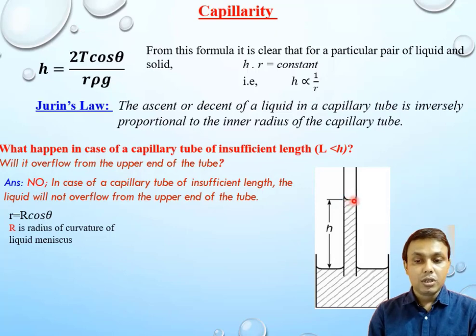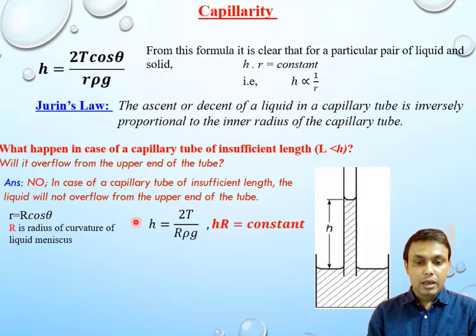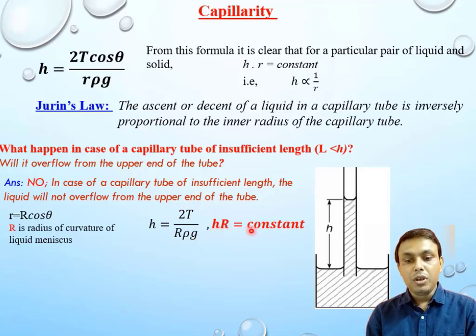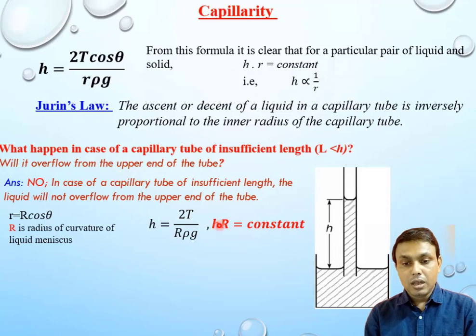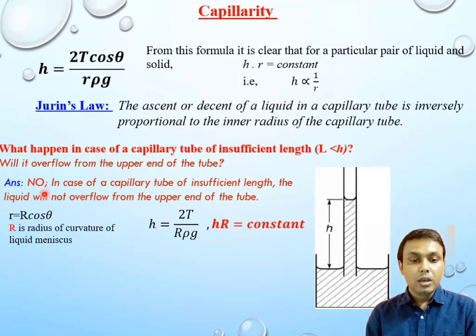Now the radius of curvature of this meniscus is capital R. So if I put this in this formula, then I will get H equal to 2T over capital R rho G. Therefore H into capital R will be constant. That means the height of the capillary rise into radius of curvature of the liquid meniscus is constant. From this we can explain the phenomena why the liquid will not overflow from the upper end.